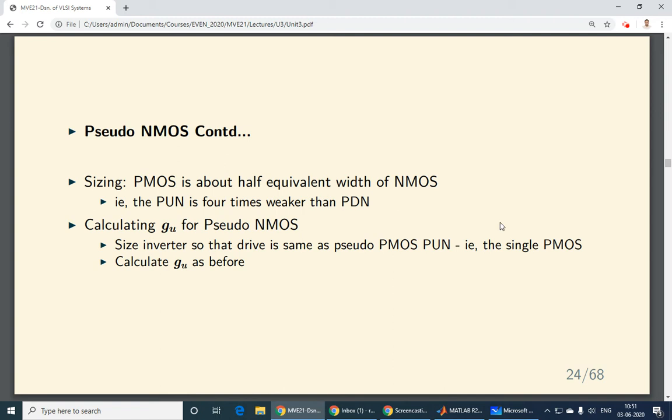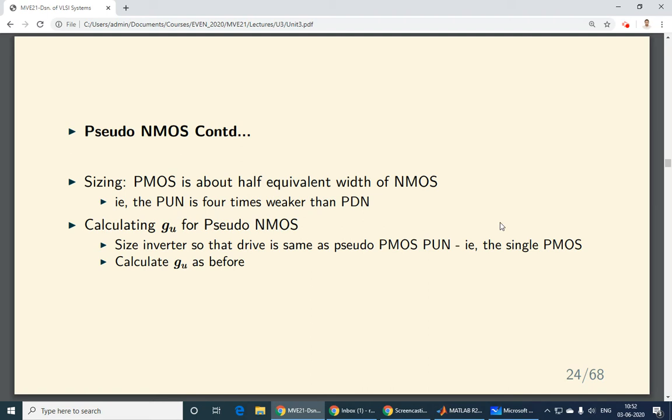The first rule is that the PMOS network is half. Now this is the exact opposite of the sizing rule from before. Before, for the unskewed cases, the PMOS network was twice the size of the NMOS network. Now what we are saying is the PMOS network has to be half the size of the equivalent NMOS network.